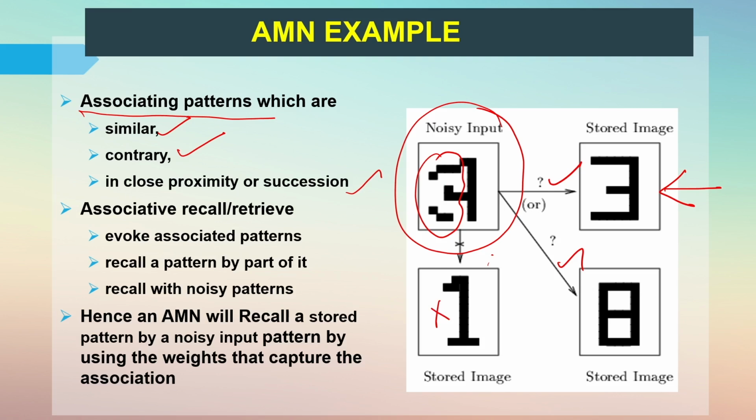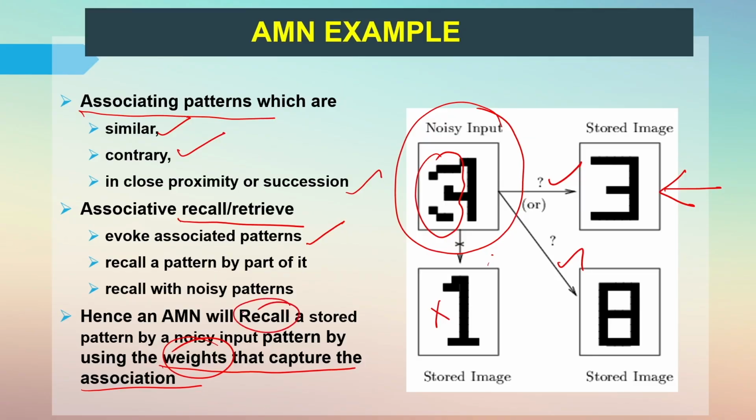Associative recall retrieval is a kind of task that evokes associated patterns: recall a pattern by part of it, or recall with a noisy example. Hence, an AMN recalls a stored pattern from a noisy input pattern by using weights that capture the association. So that is the major role played here, the weights.